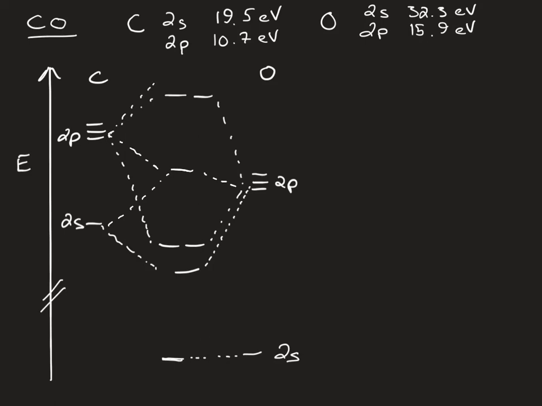And then this is going to go up in energy here. So what we have is our sigma 1, our sigma 2, pi 1, sigma 3, pi 2, and our sigma 4, going through and placing electrons in.